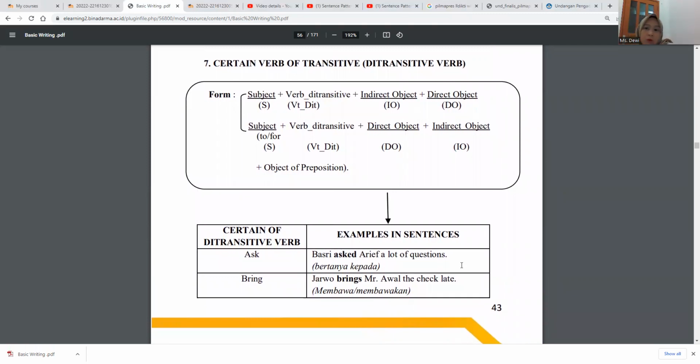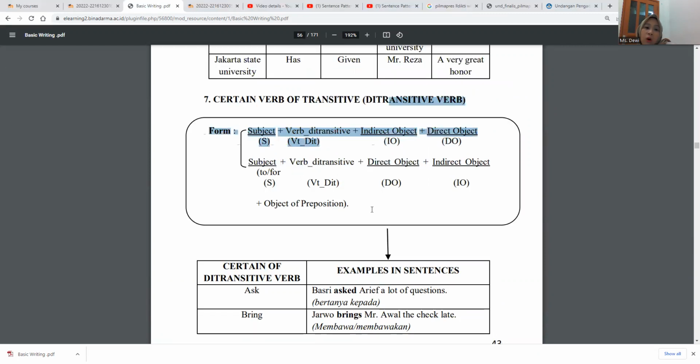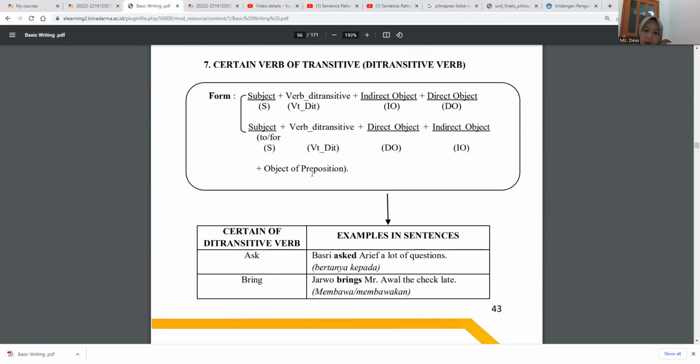You can check how this is the formula. So subject plus transitive verb plus indirect object plus direct object, or subject plus transitive verb plus direct object plus to or for doing something, plus indirect object, and object of preposition at the end.